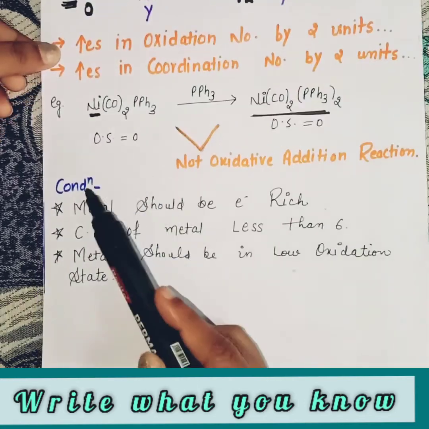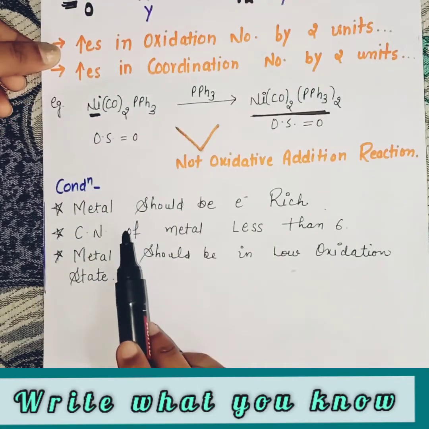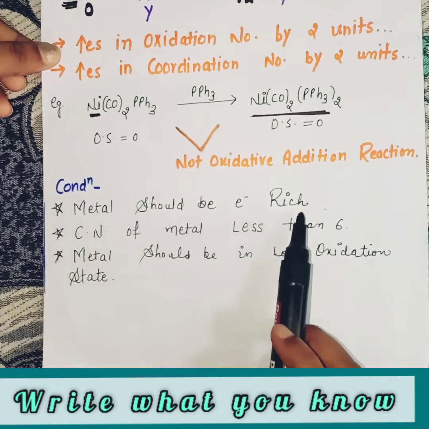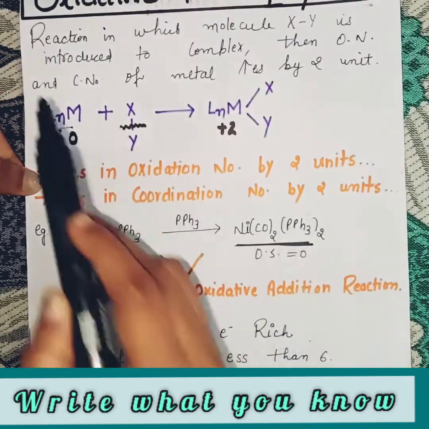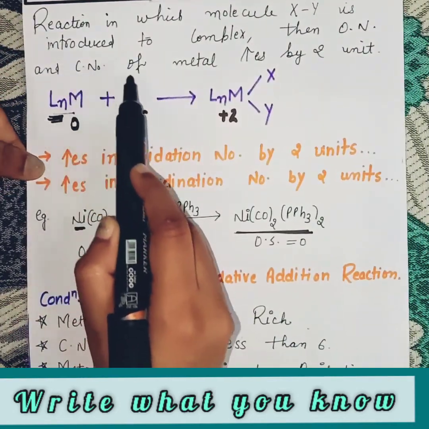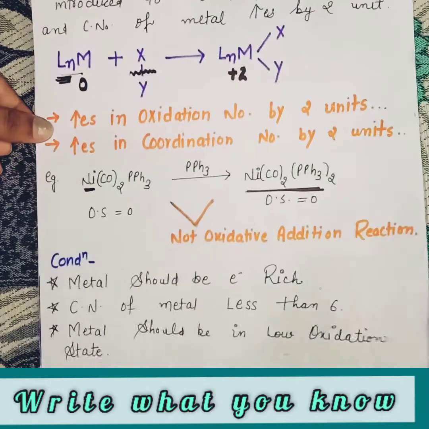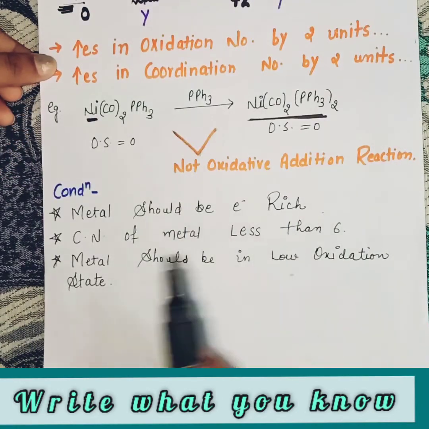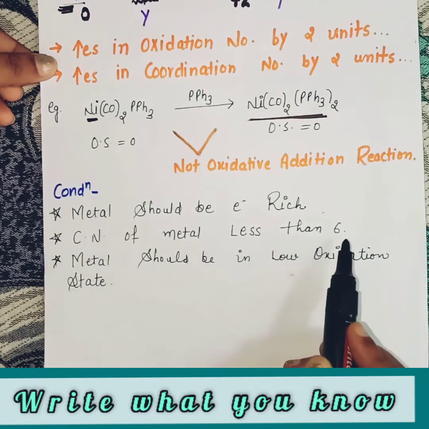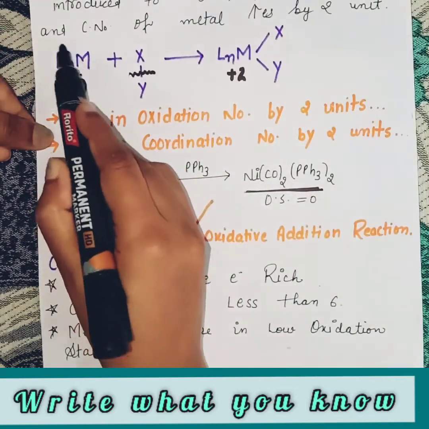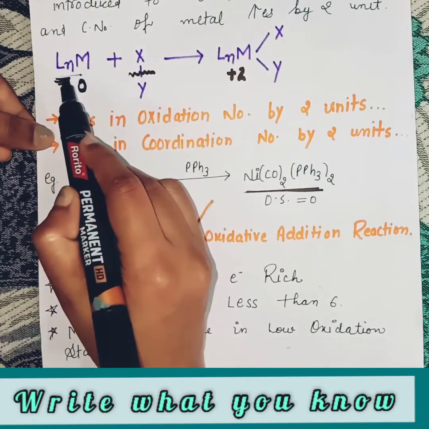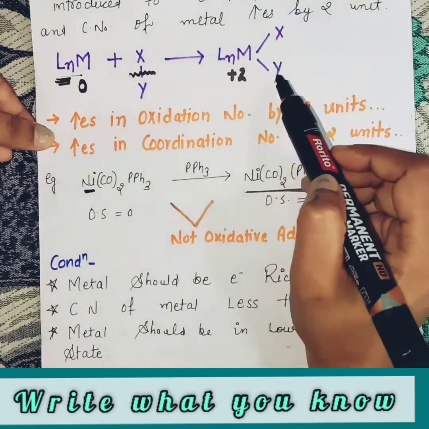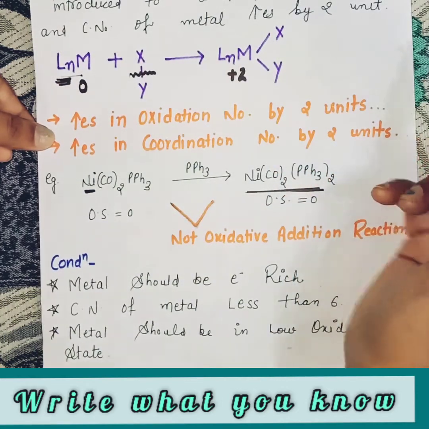Students, these are the three most important conditions for oxidative addition to occur. First, the metal should be electron rich. This metal gives out electron density to the molecule, as we will discuss later in the mechanism. Second, the coordination number of the metal must be less than 6, because if we add a molecule, 2 ligands will add up and it becomes octahedral geometry.